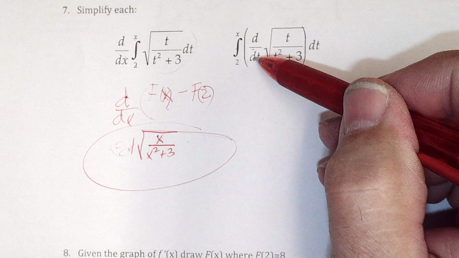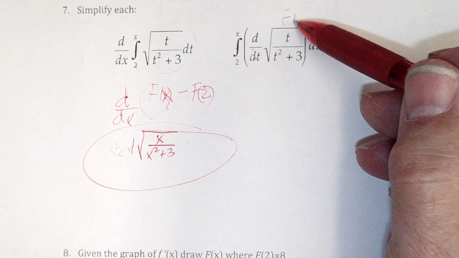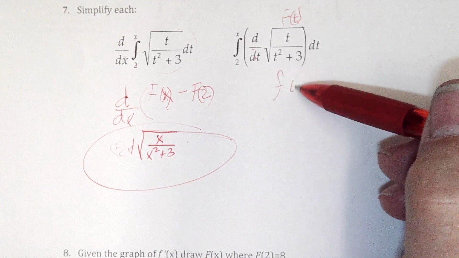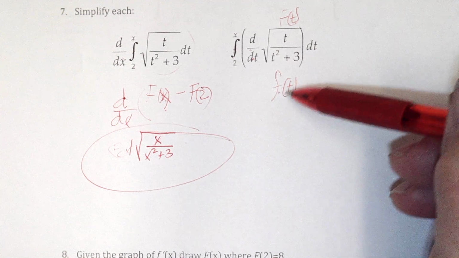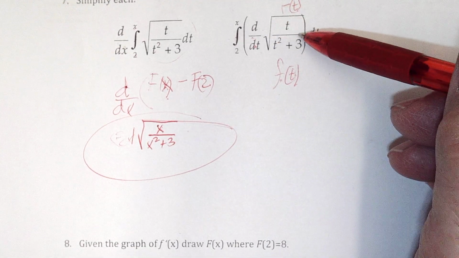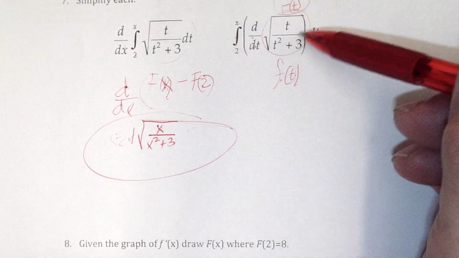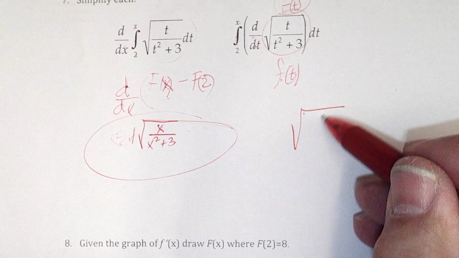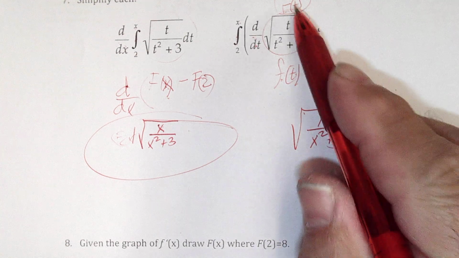If the derivative is on the inside, this is already capital F of t. So if we took the derivative, we'd get little f of t. And then we'd have to integrate it, which should take us back to the capital F of t. This, and we've got to put x in for the t's. So it'd be the square root of x over x squared plus 3. Just replace the t's.